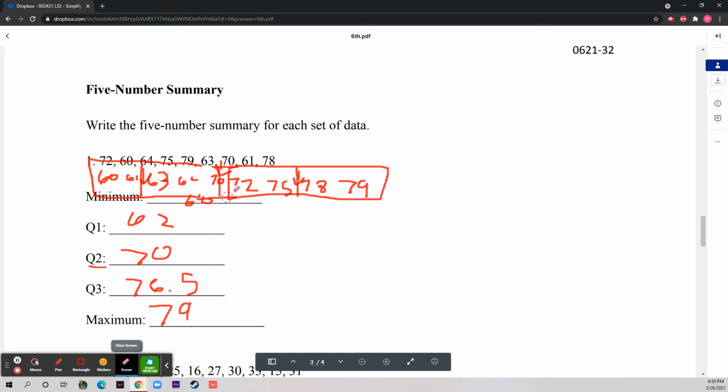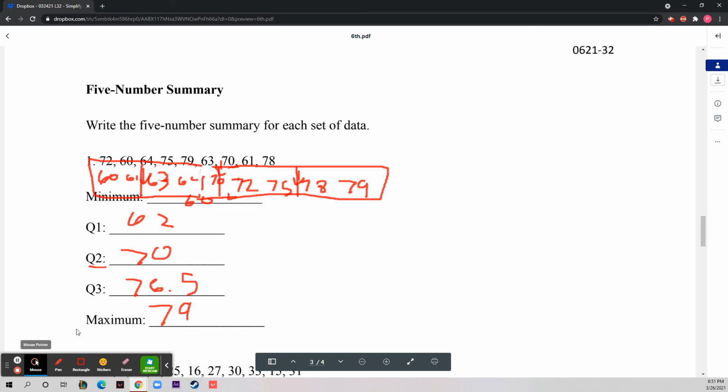Erase this line, and you realize that this is 2.5 numbers, and this is 2.5 numbers, 2.5 and 2.5. So all of these have 2.5 numbers, which is why they are called quarters.